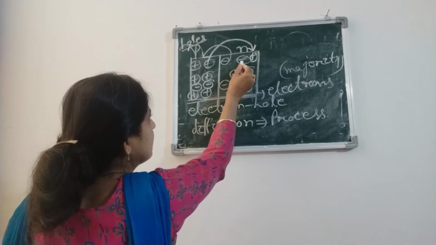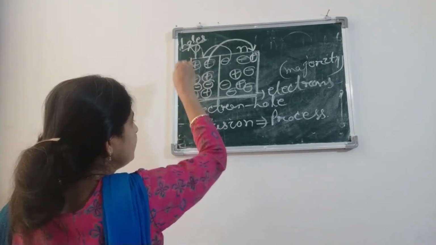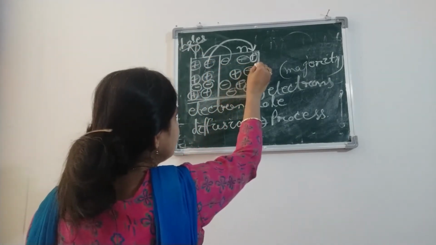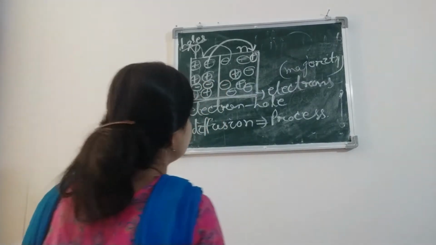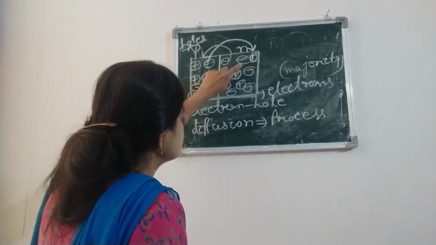Now what about the minority charge carriers? Only electrons from N will diffuse into the P side, and the holes, meaning positive charge carriers, will remain on the N side.